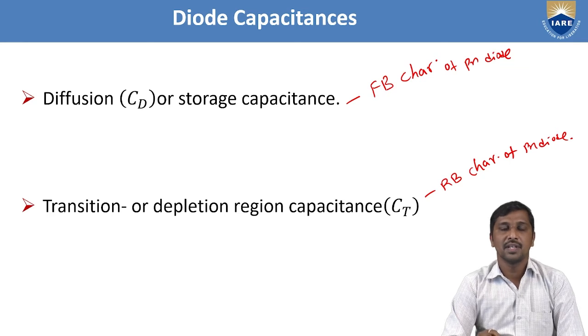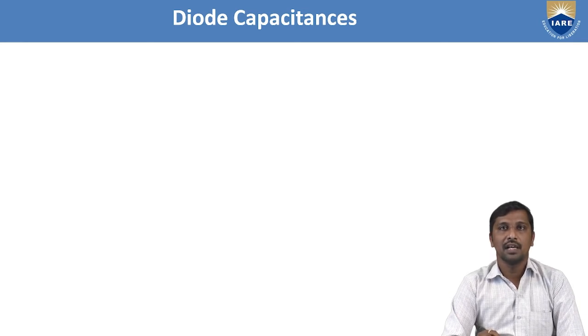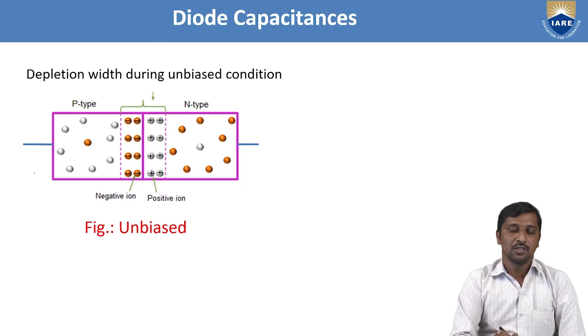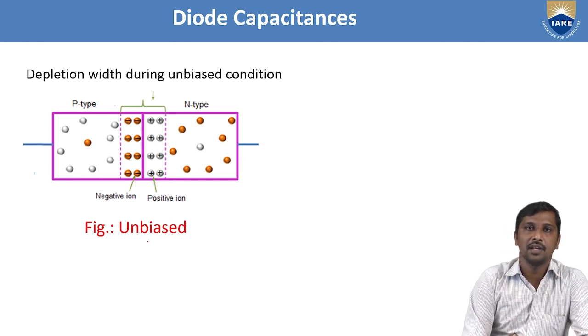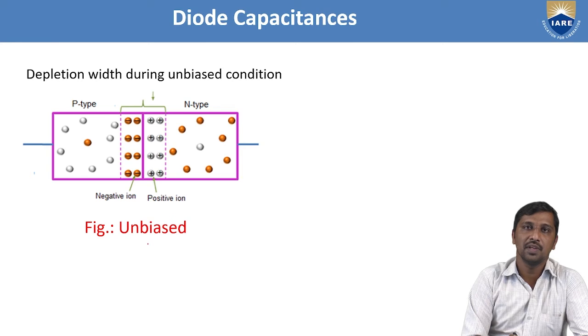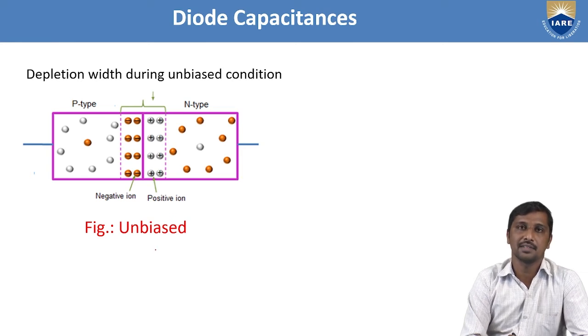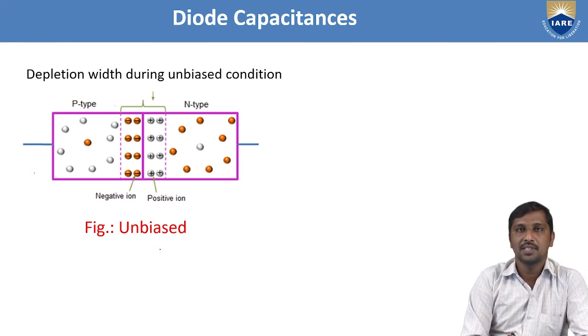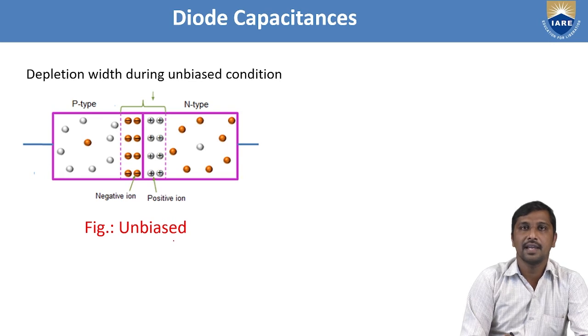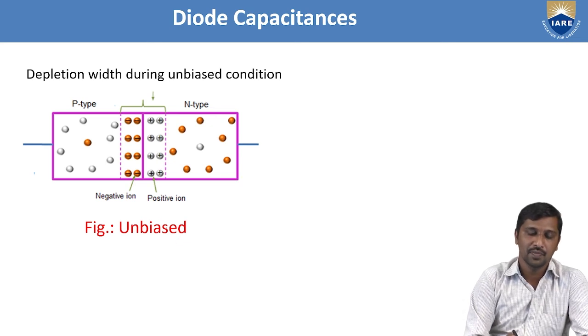So first, let us consider a normal PN junction diode with unbiased or zero bias. What is the meaning of unbiased here? It means no external force is applied to the PN junction diode, and the diode acts as an unbiased diode. So what happens in the unbiased diode?